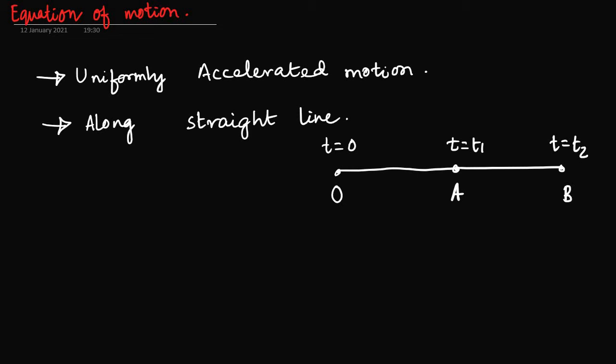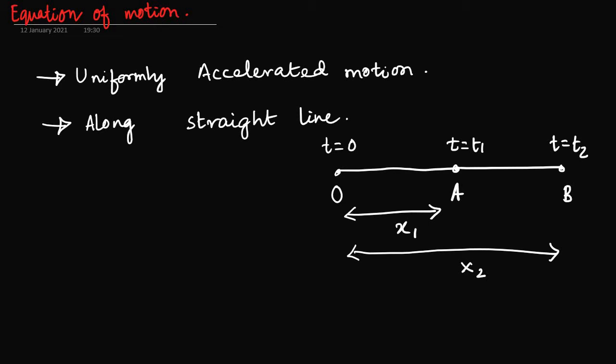As we know these things, we can calculate the distance traveled from O to A as well as O to B in the given time duration. We can say OA is x1, and O to B, the total, is x2.